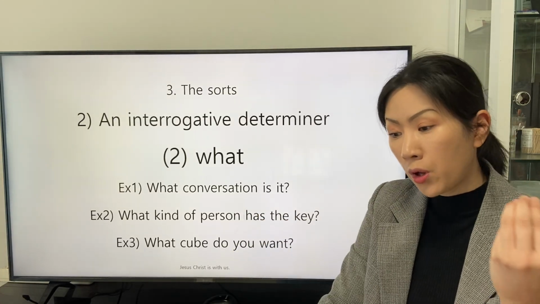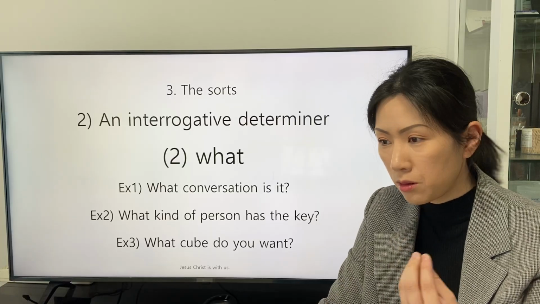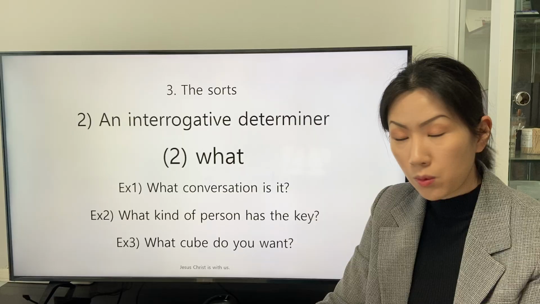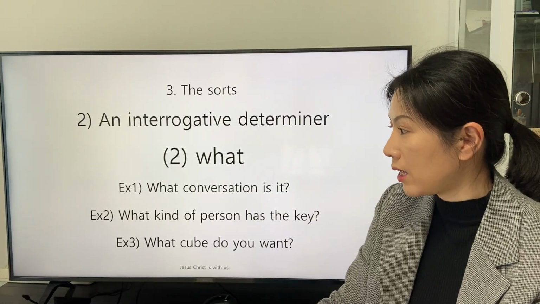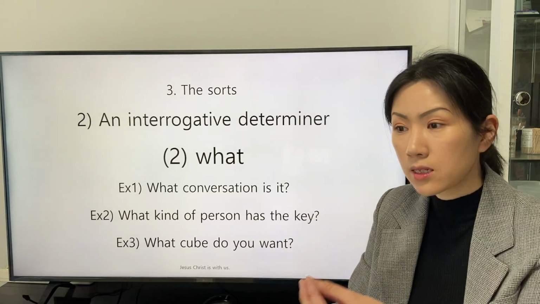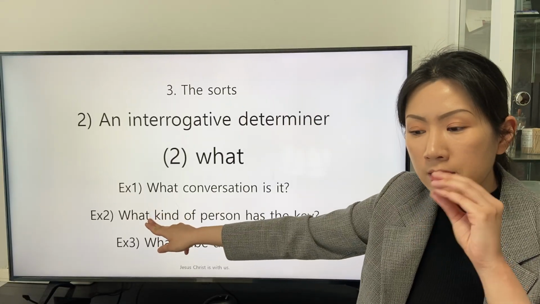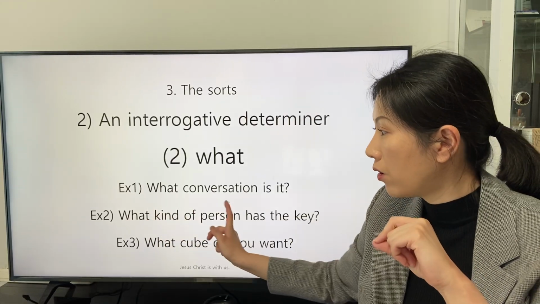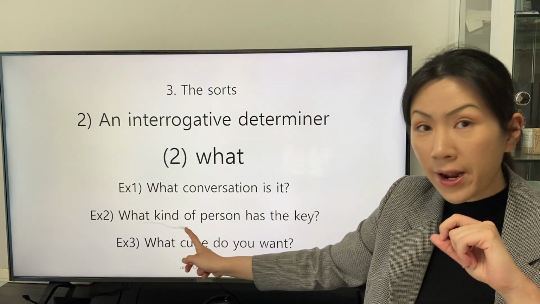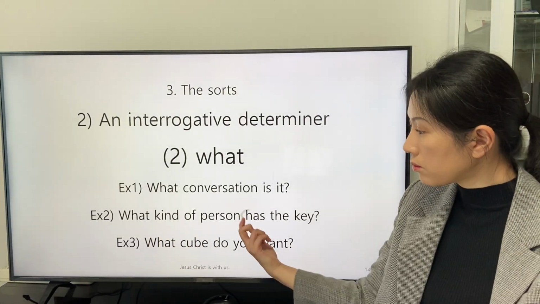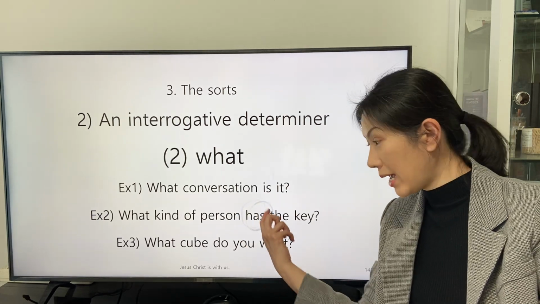But in the more specified scale, we can set only the word kind as the core of the phrase, which is the only subject of the transitive verb has.